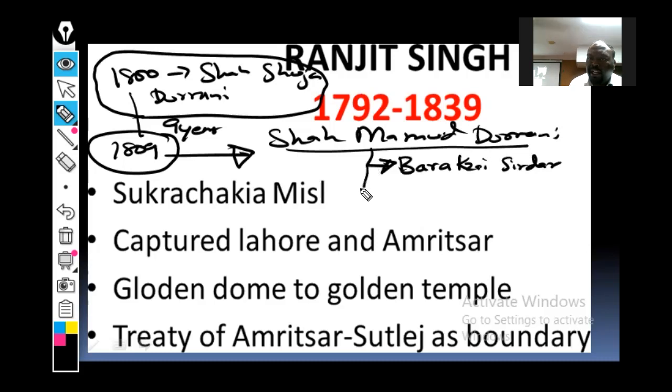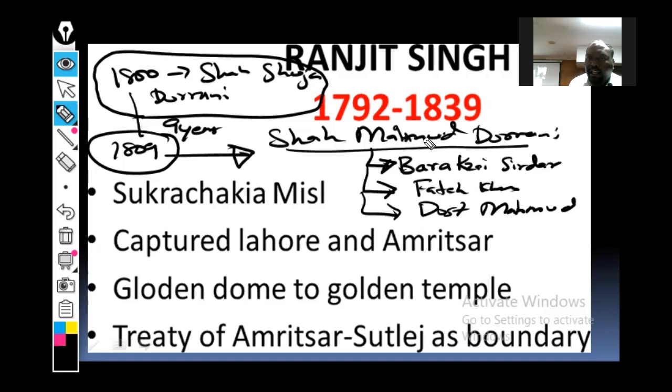Then he was supported by the warlord Fateh Khan. And he was supported by other top warlords. So Shah Mahmud Durrani was aspiring. What happened in 1809 with the help of all these three, Barakzai Sardars, Fateh Khan the warlord, and the other warlord, he captures the throne in 1809. Who captures the throne? Shah Mahmud Durrani.